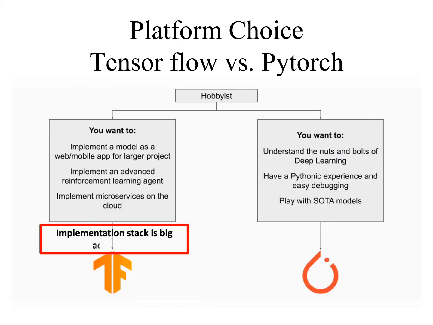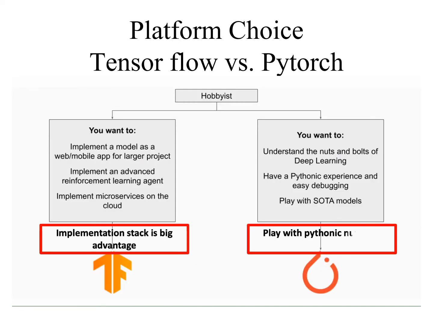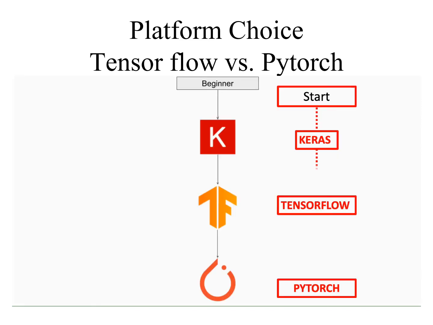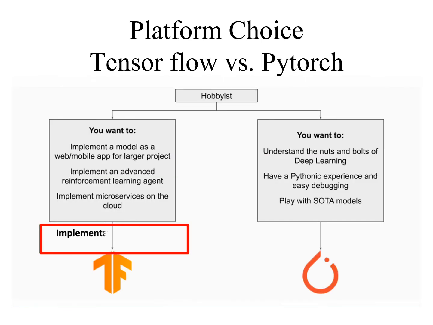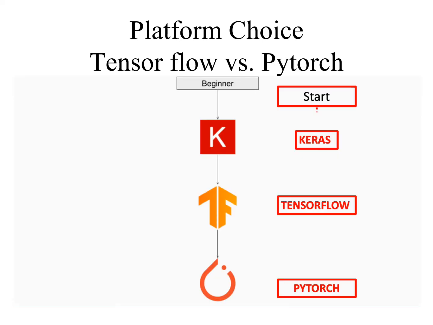So from that point of view, I would say you start with Keras and then move into TensorFlow, and then finally, with this training, you can also become good at Pytorch.